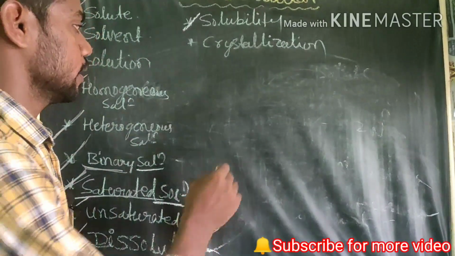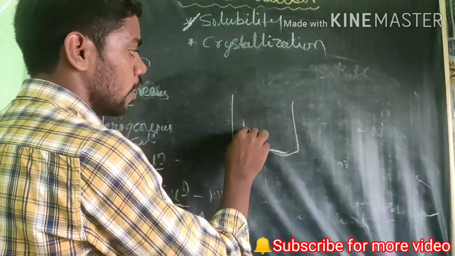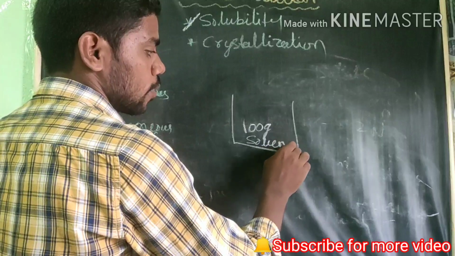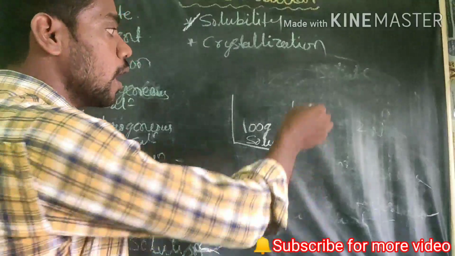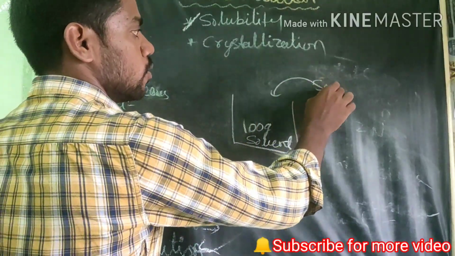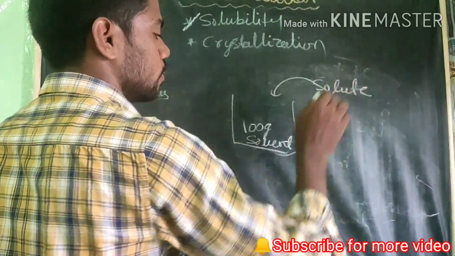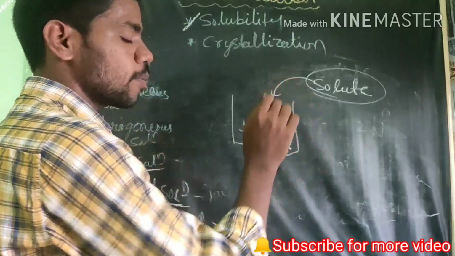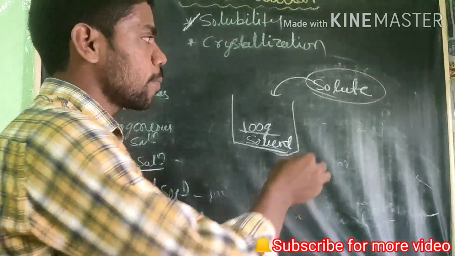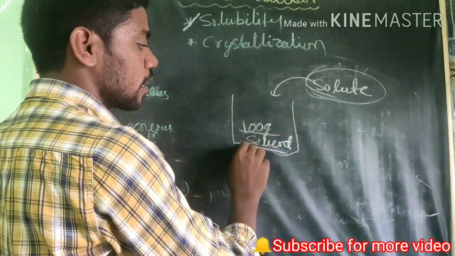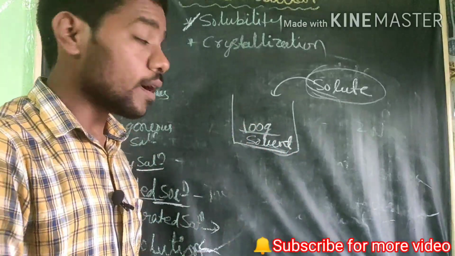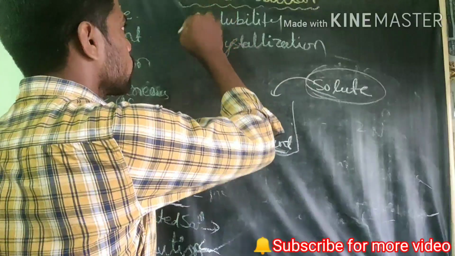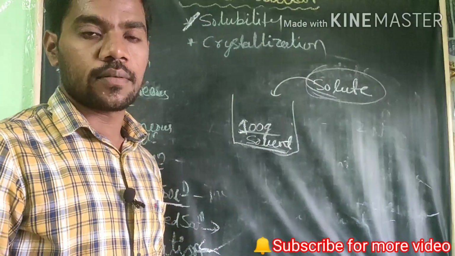Solubility, how to call it: initially we have 100 gram of solvent, and the solute is added. The capacity of solute dissolved in 100 gram of solvent is called solubility.